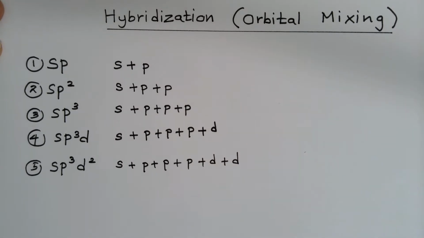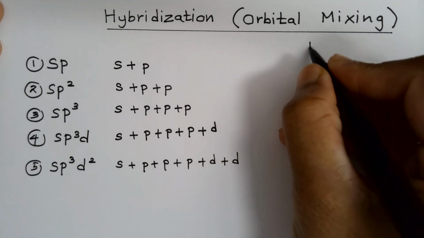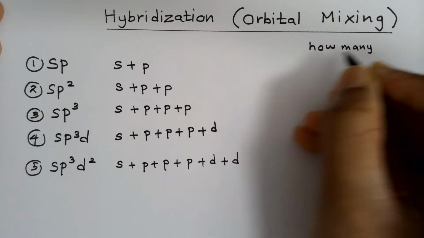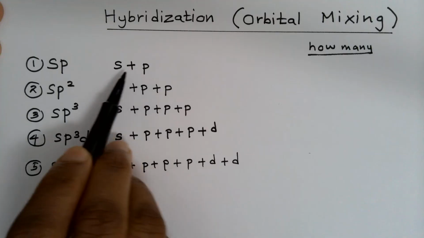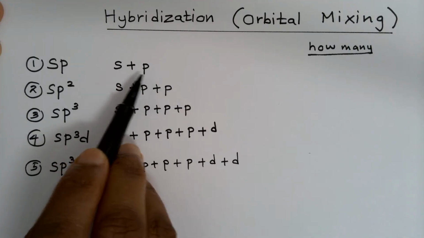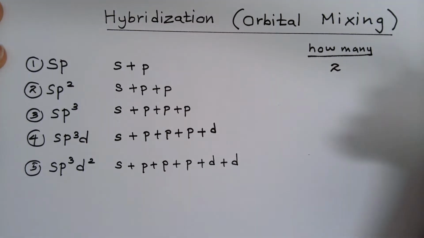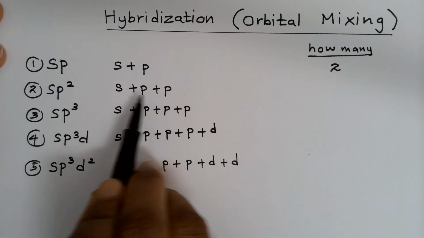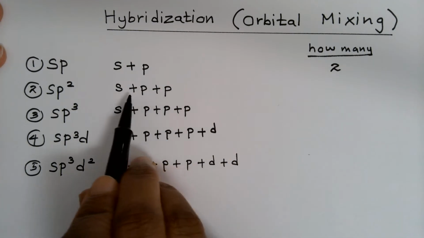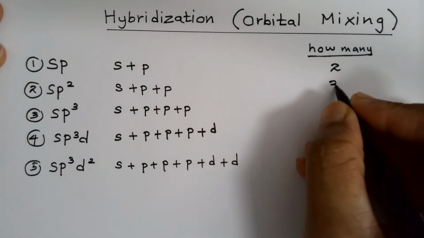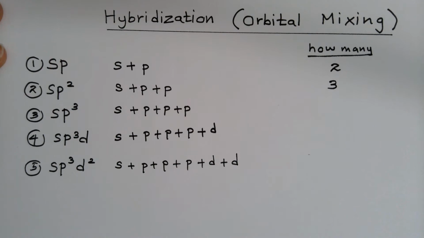Now let's see how many orbitals are formed. Two orbitals mix, s and p, so 2 orbitals mix to form 2 hybridized orbitals. sp2, 1 s and 2 p's: 3 orbitals are mixing together to form 3 hybridized orbitals.